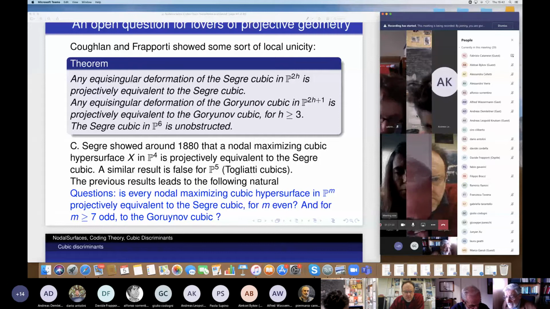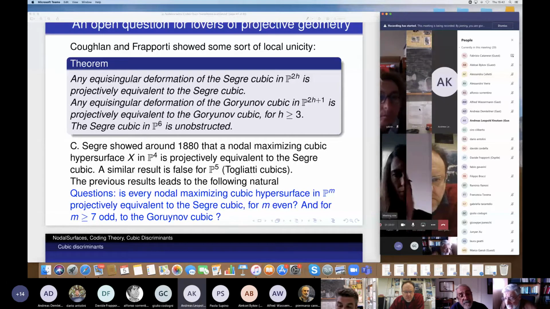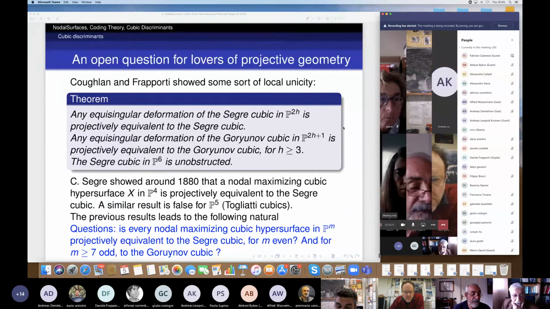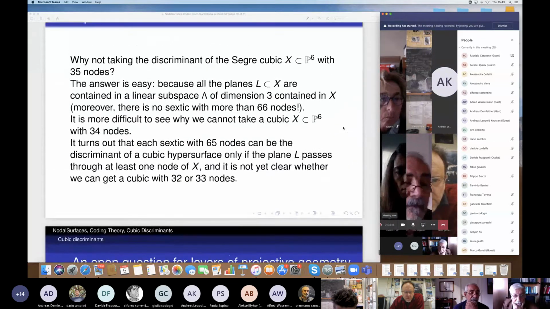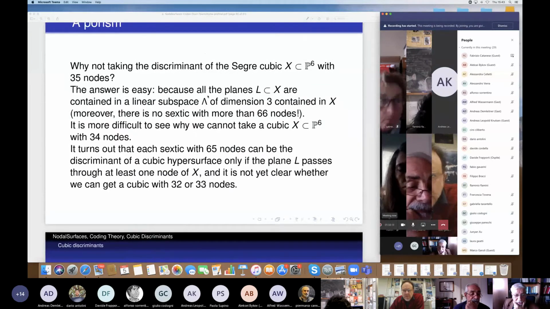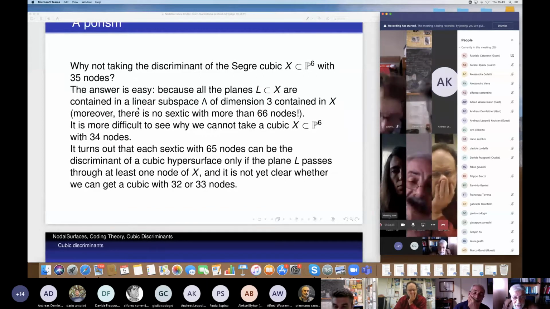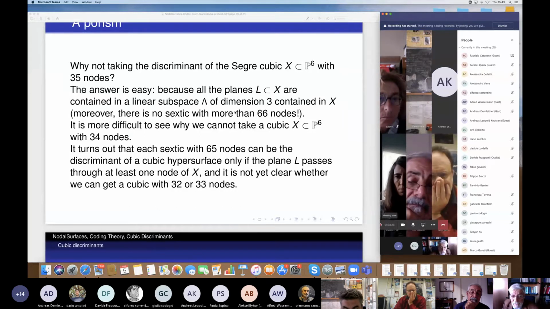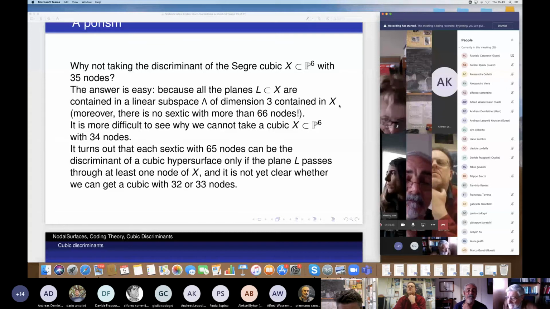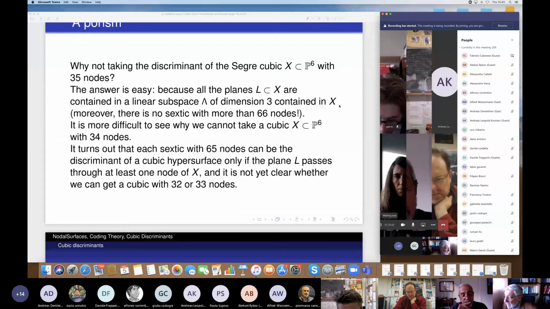Starr studied the linear subspaces of smooth Fano hypersurfaces, but as soon as they become singular, it turns out that if you take the Segre cubic with 35 nodes, all the planes contained in it are contained in a linear subspace of dimension 3 contained in X. So the study of these linear subspaces will be extremely interesting also for other questions, period maps of cubic hypersurfaces, which is quite fashionable.